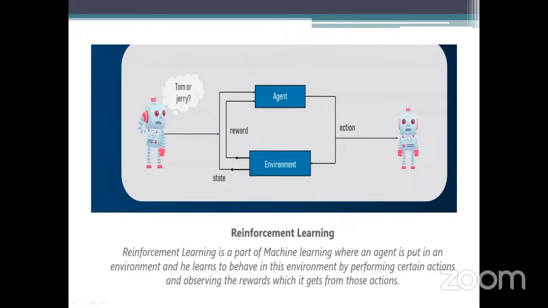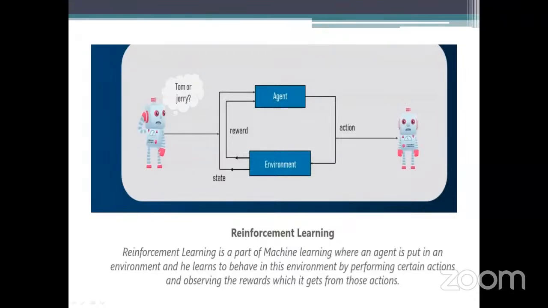Reinforcement learning is mainly used in advanced machine learning, right? Such as self-driving cars and AlphaGo. I'm sure a lot of you have heard about AlphaGo. The logic behind AlphaGo is nothing but reinforcement learning and deep learning.